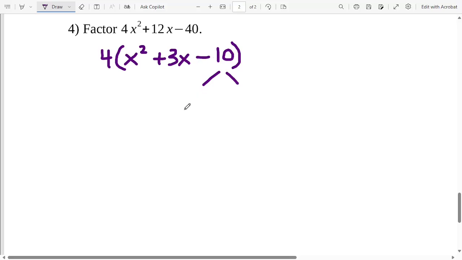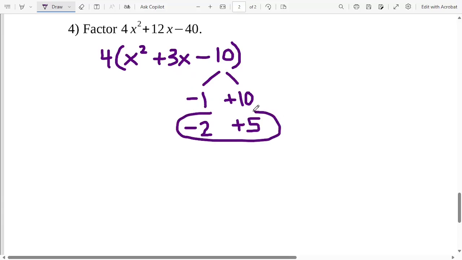So we could multiply negative 1 times positive 10. That meets my criteria of having the 10 be further away from 0 than the negative 1. However, these only add up to a positive 9, and we want a positive 3. So if I look at the other pair that we could use, we could do negative 2 times positive 5. That's going to also multiply to be negative 10 and add to be positive 3. So that's the pair that I want to use.